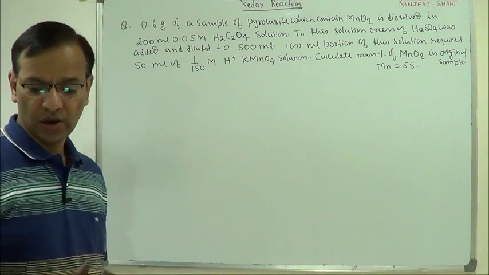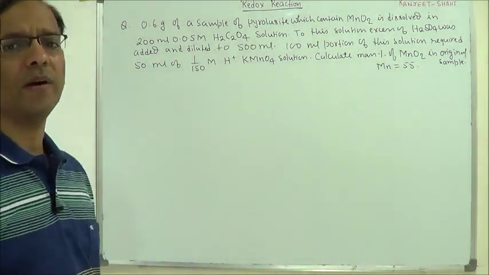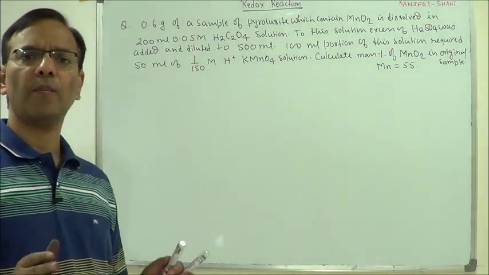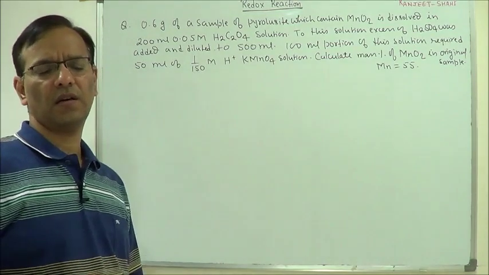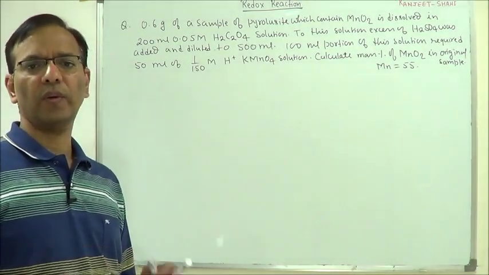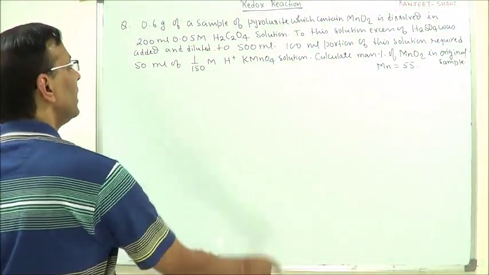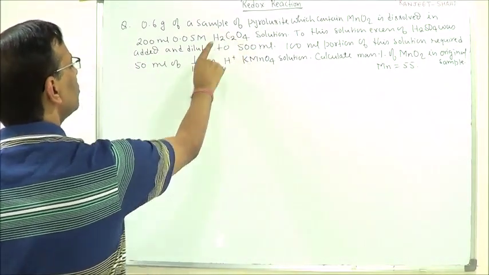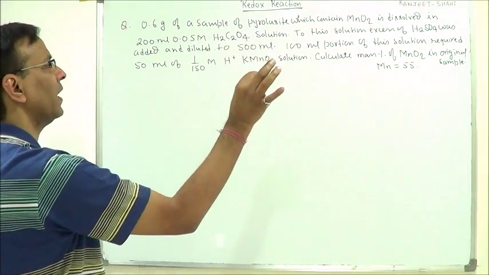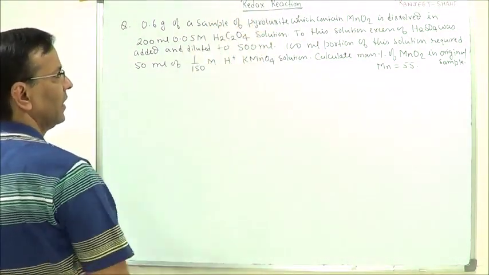Pyrolusite contains manganese dioxide, and in acidic medium we have seen that manganese dioxide acts as an oxidizing agent. So when manganese dioxide comes in contact with oxalic acid, which is a reducing agent, a redox reaction will occur in which manganese dioxide will oxidize oxalic acid.